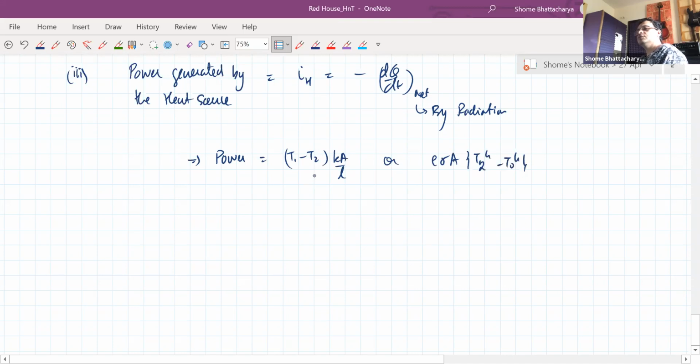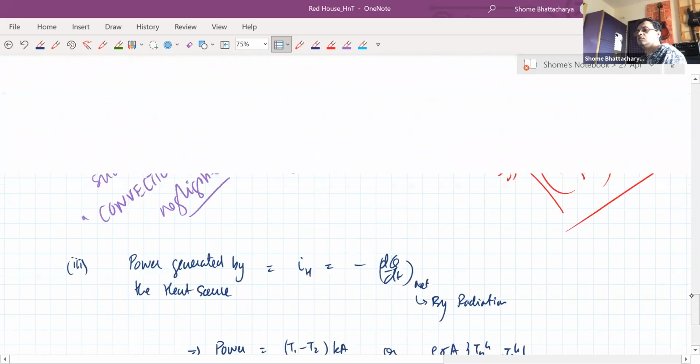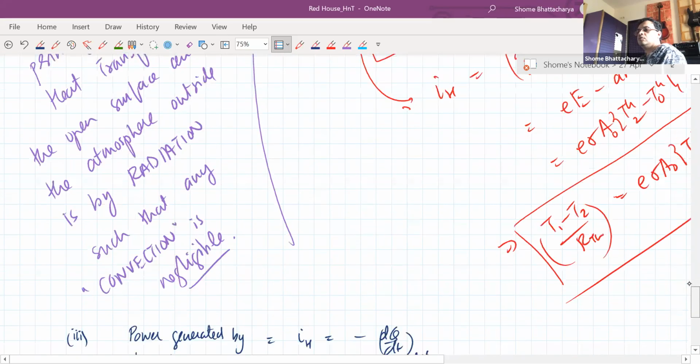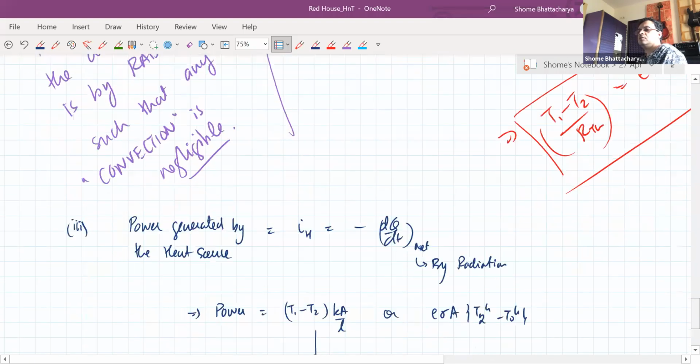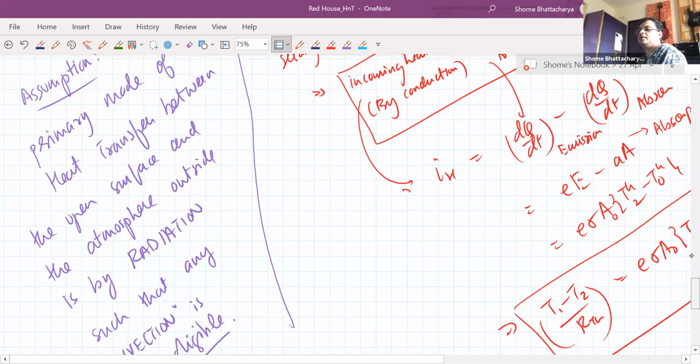Whichever way you go, this would be 100 into 150 into 20 into 10 raised to the power minus 4, divided by whatever we had got. What's the value of length? Sorry, 28.57.